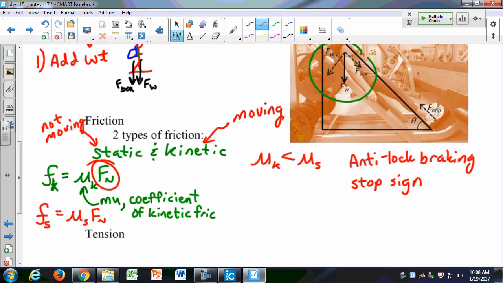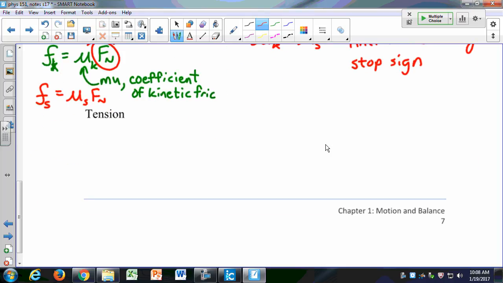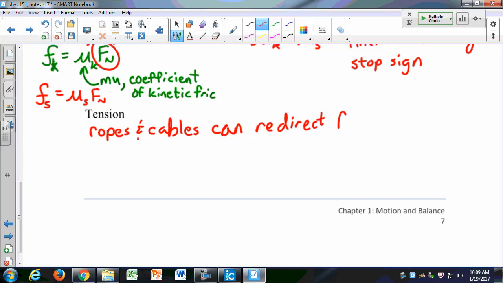Okay, so tension. Not much about tension, but they will come up with muscles, so it's kind of important. Ropes and cables and what have you can redirect forces. So for example, let's say that I have this cable here.